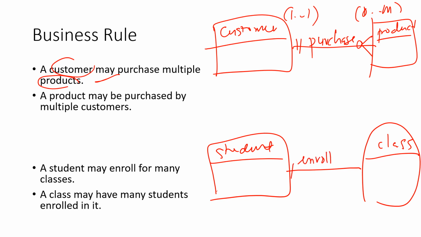A student may enroll for many classes, and a class may have many students enrolled in it. A class may have, this is the one to many.